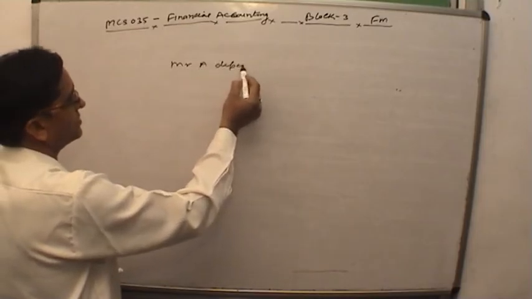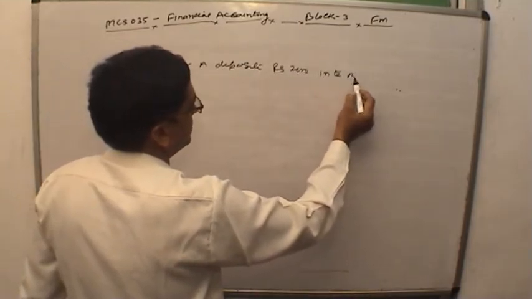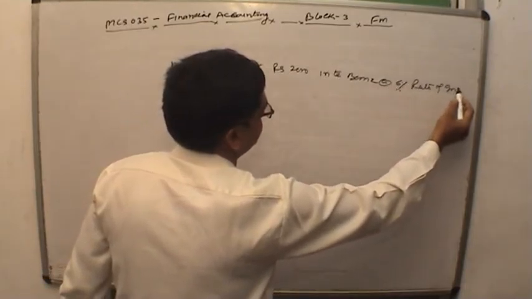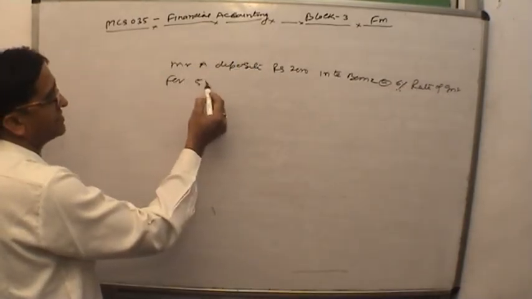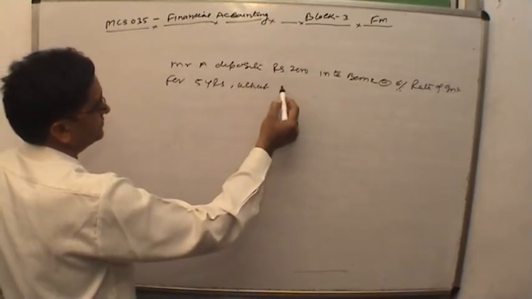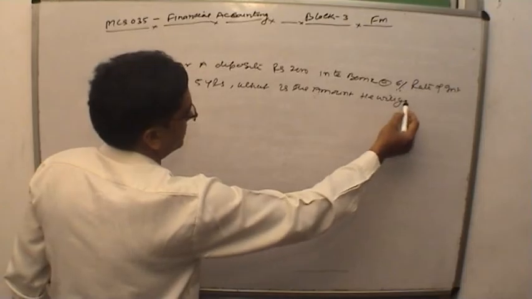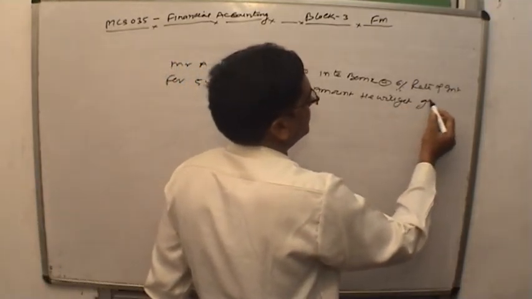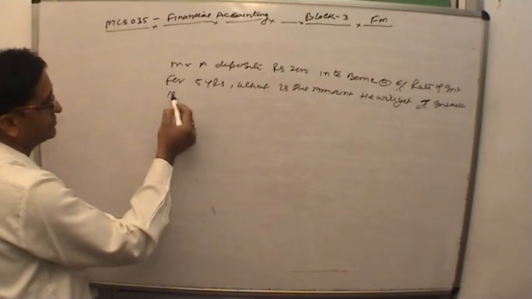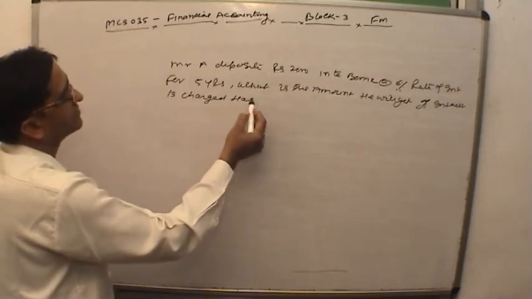Now, an example. Mr. A deposits 2,000 rupees into a bank at 6% rate of interest for 5 years. What amount will he get if interest is charged half yearly?